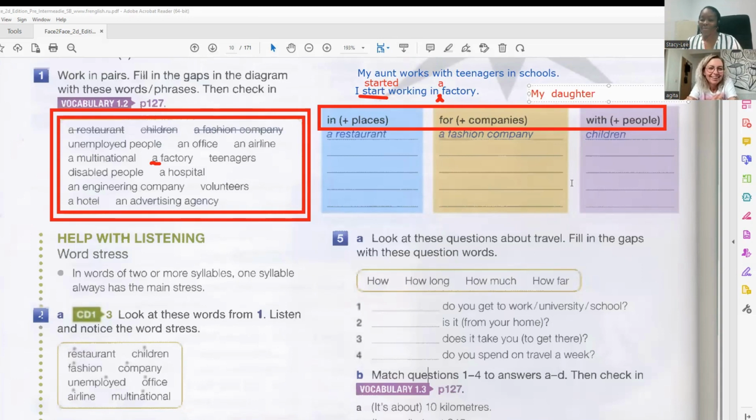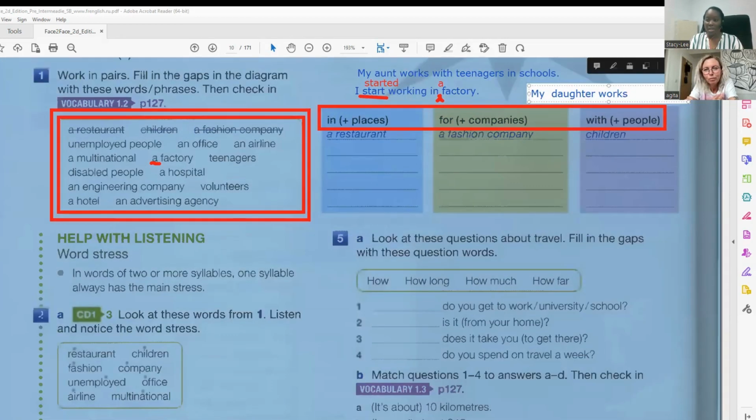My daughter works for a financial company.